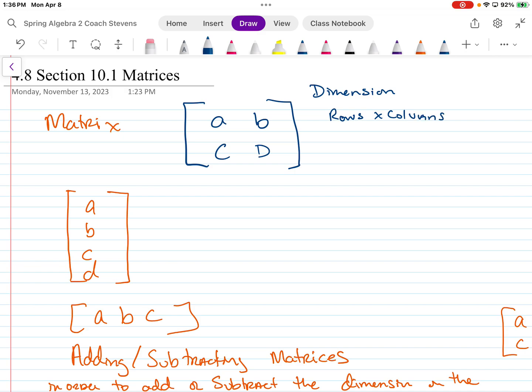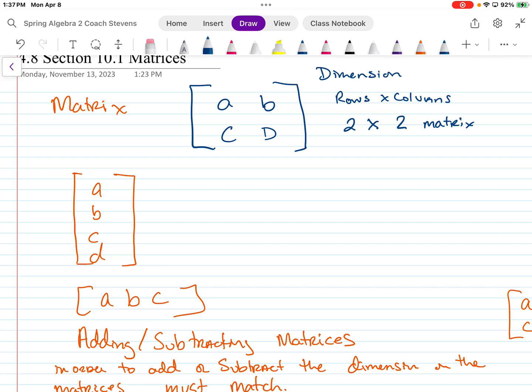We need to know this because when we get to do some operations today and through the rest of the lessons, certain operations we can't do unless there's a certain arrangement with the rows and the columns when you have multiple matrices. So for right now, we would say this is a 2 by 2 matrix. It is 2 rows by 2 columns.